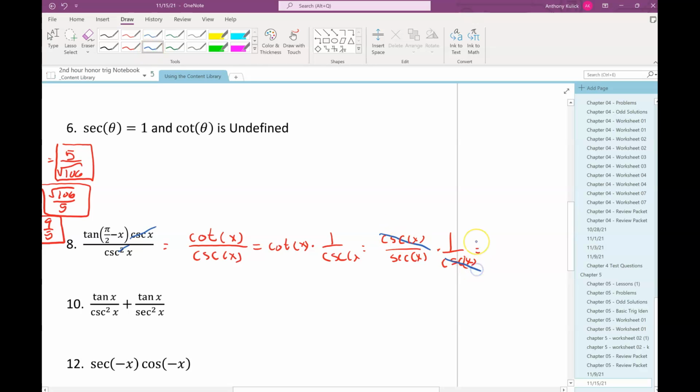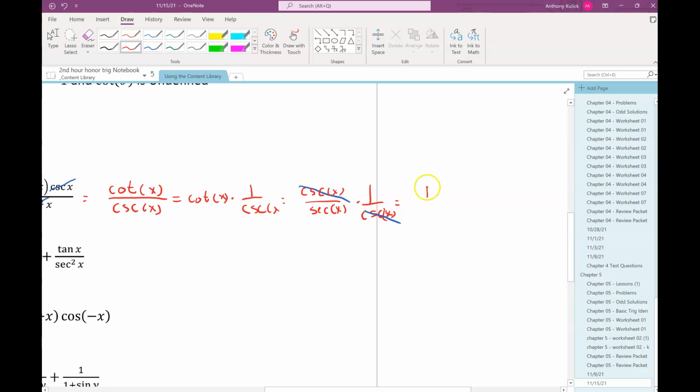So again, that allows me to reduce. So I have 1 over secant, which using the reciprocal identity is just cosine. Is that okay?